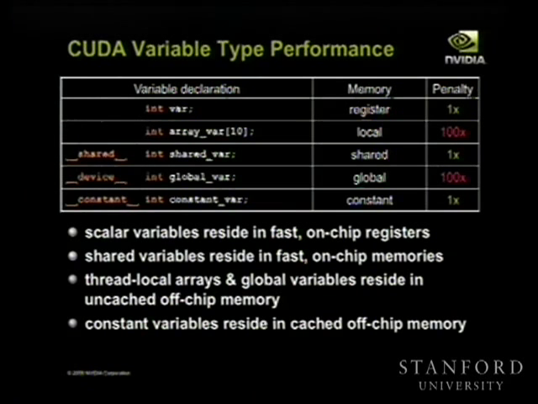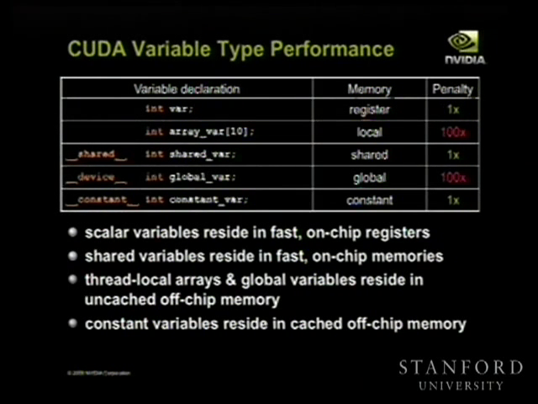But if you say, actually, I need an array of these variables for each thread, that's going to be put into local memory, and then access time to this array is going to be very slow. We're actually going to suffer something like a 100x performance penalty because this array is implemented in memory that is not on the silicon. It's actually stored off chip.